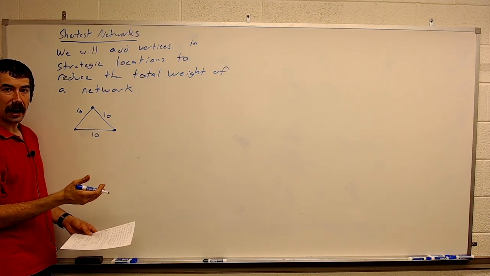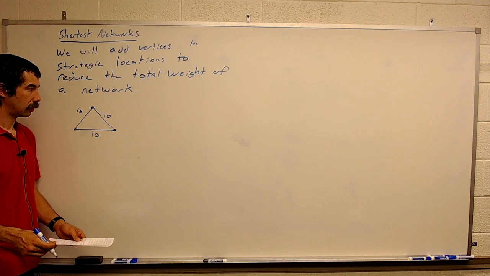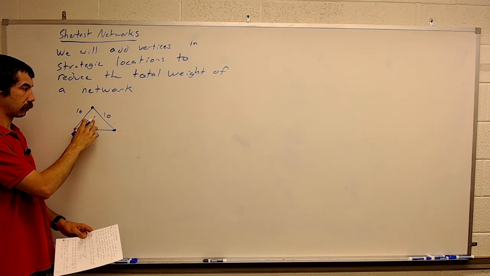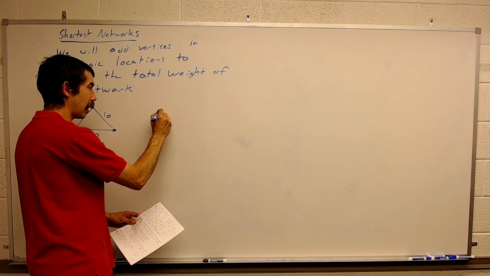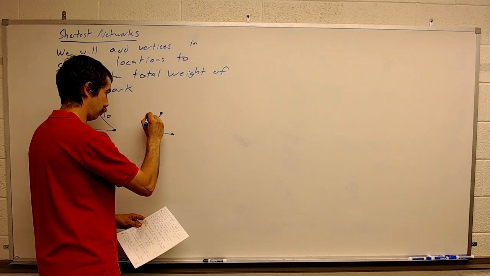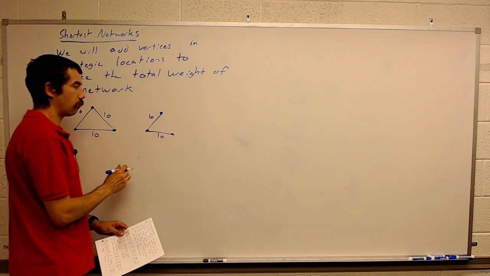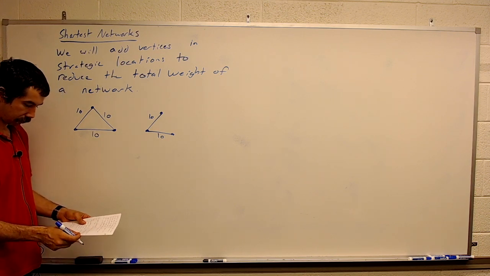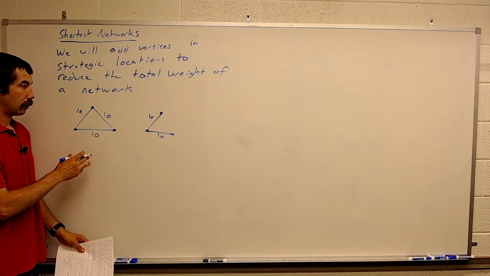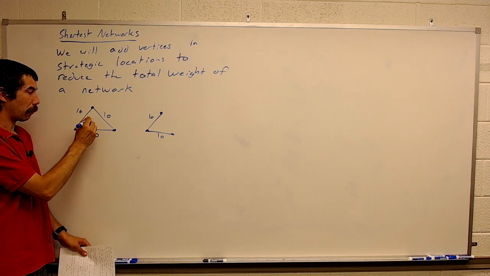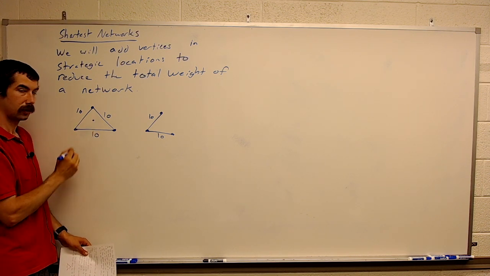The minimum spanning tree of this graph is basically you pick two of the edges. The minimum spanning tree has length 20. But what we're going to be able to do is include a point in the center.